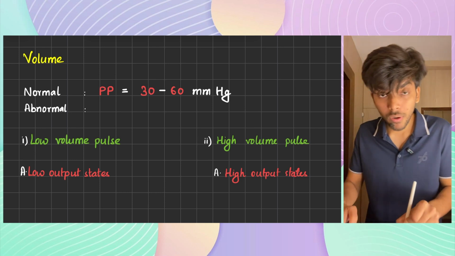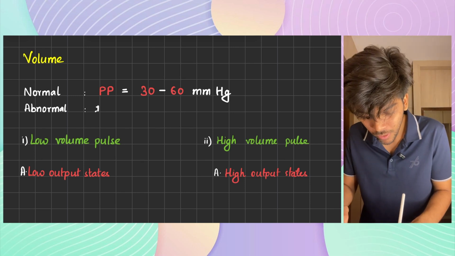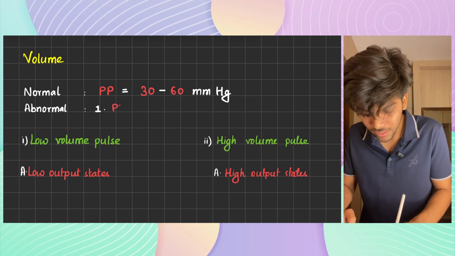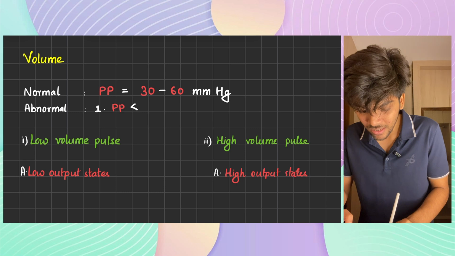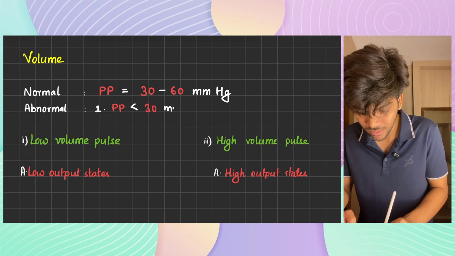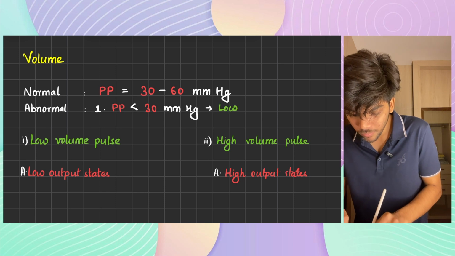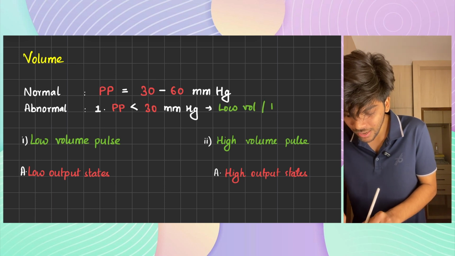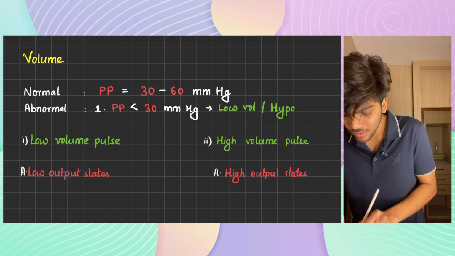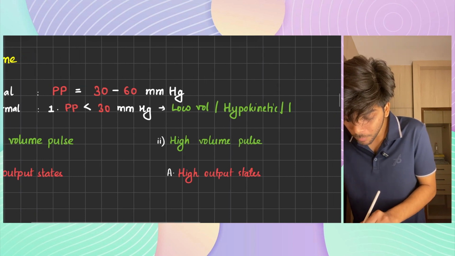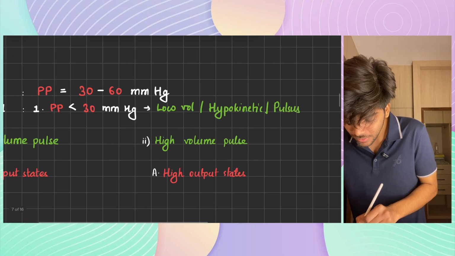So what is the abnormality in the volume of pulse? Number 1, if the pulse pressure is less than 30 mm of Hg, then it is a low volume pulse or a hypokinetic pulse or a pulsus minimus.